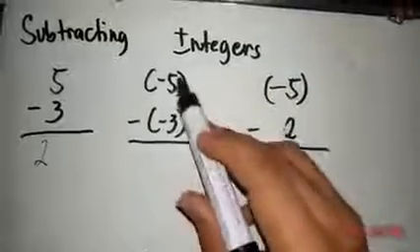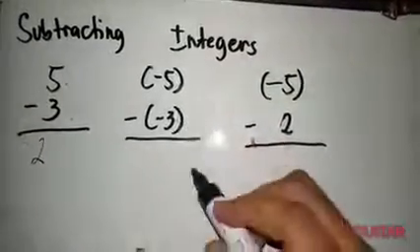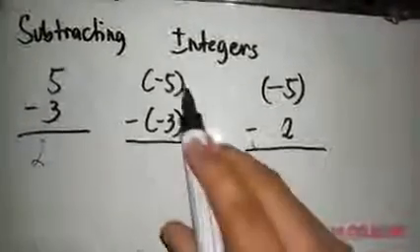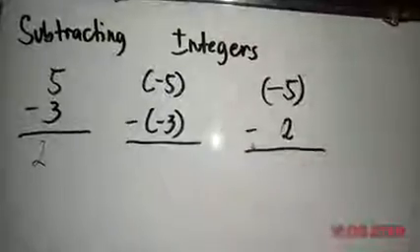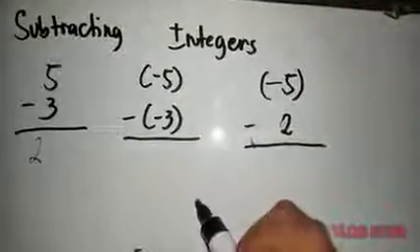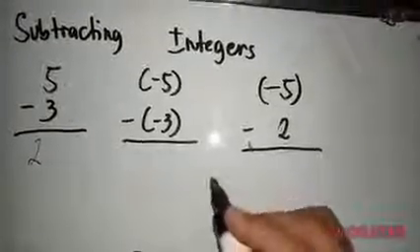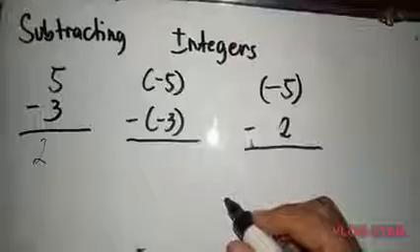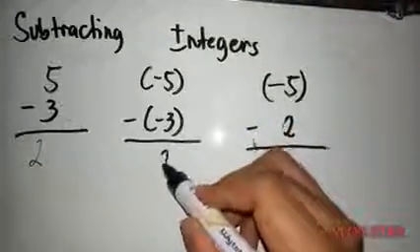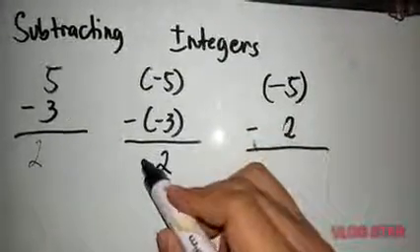Next, this item has the same sign, which is negative, both the subtrahend and minuend are negative. So simply subtract. 5 minus 3, the answer is 2. And copy the sign, which is negative.